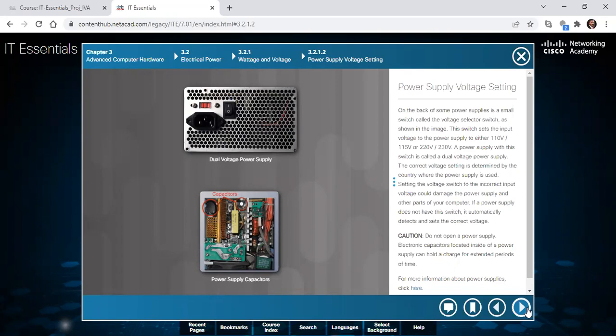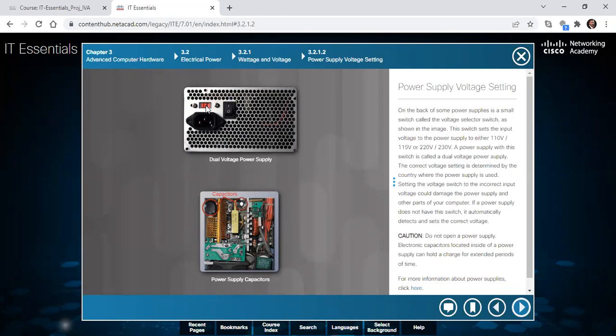Now, on the back of some power supplies is a small switch called the voltage selector switch. If you can see the arrow, that's the small red voltage switch at the power supply.